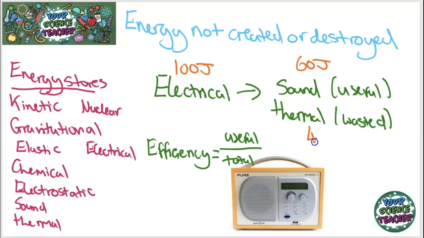Yeah, you're right, it's 40 joules, isn't it? Because of the fact that energy cannot be created or destroyed. And this leads into my efficiency. This radio would be 60 joules divided by 100 joules, which is 0.6. And you can leave efficiency like this as a decimal, or you can turn it into a percent by timesing it by 100, and you could leave it as 60%.